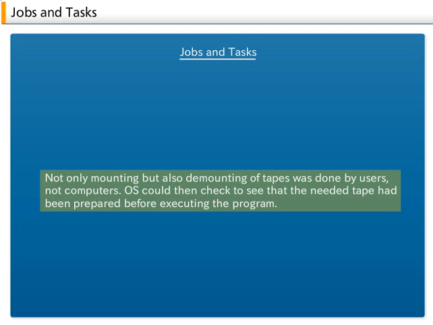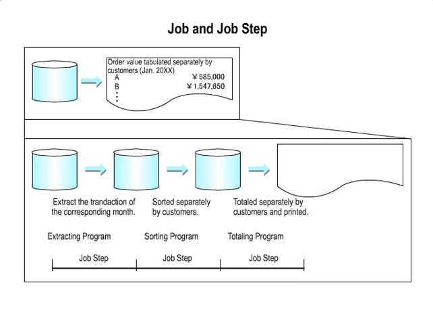If it was ready, then the specified program was read automatically into the main memory and execution began. As a result, it enabled us to eliminate wasted time, prepare another work during the execution of programs, and increase productivity of both users and computers.